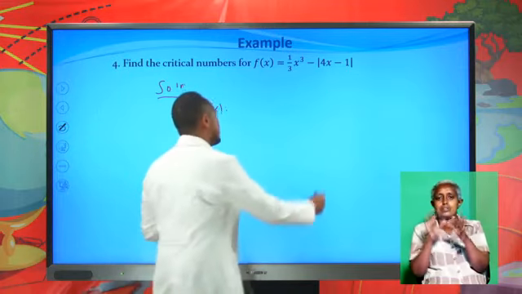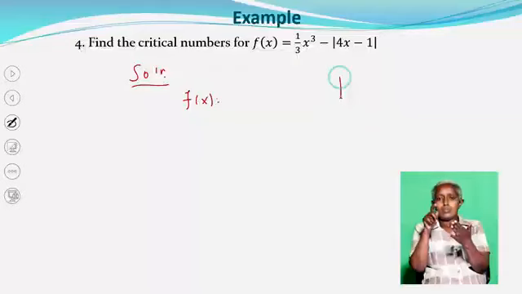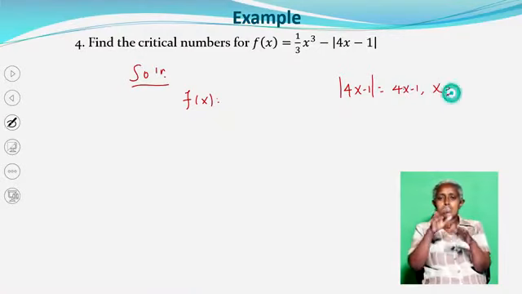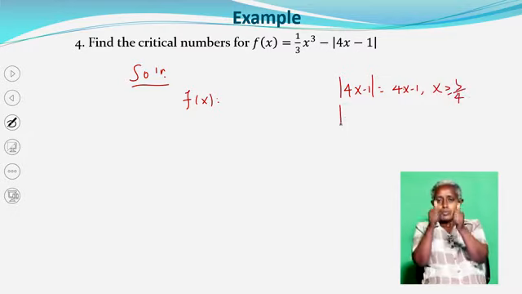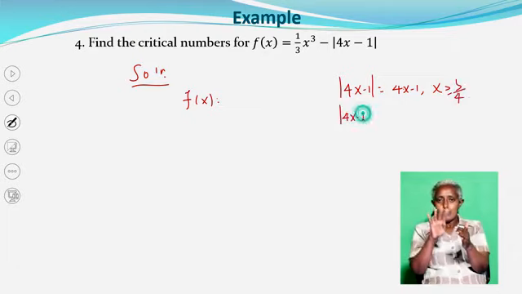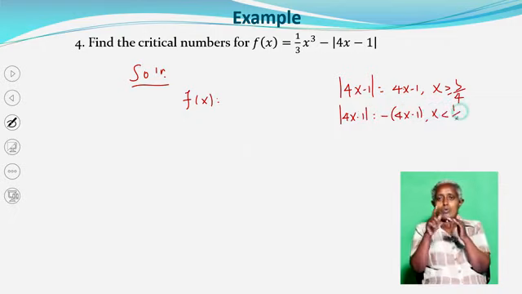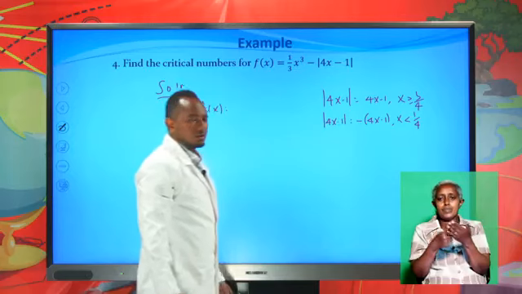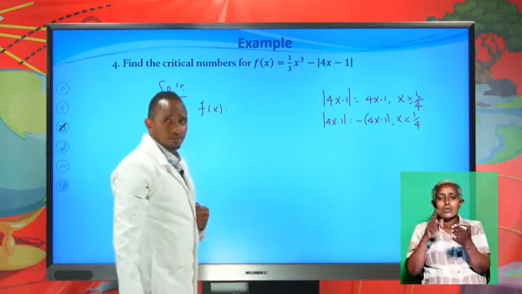We can define the absolute value of 4x minus 1 as itself, 4x minus 1, for x greater than or equal to 1 over 4, and the absolute value of 4x minus 1 is the negative of 4x minus 1 for x less than 1 over 4. Using this concept, we can rewrite this in this form.